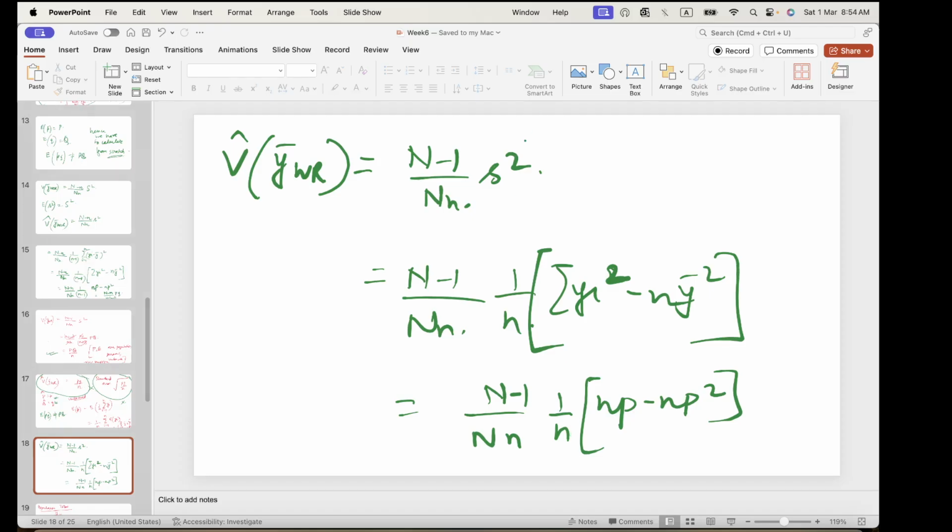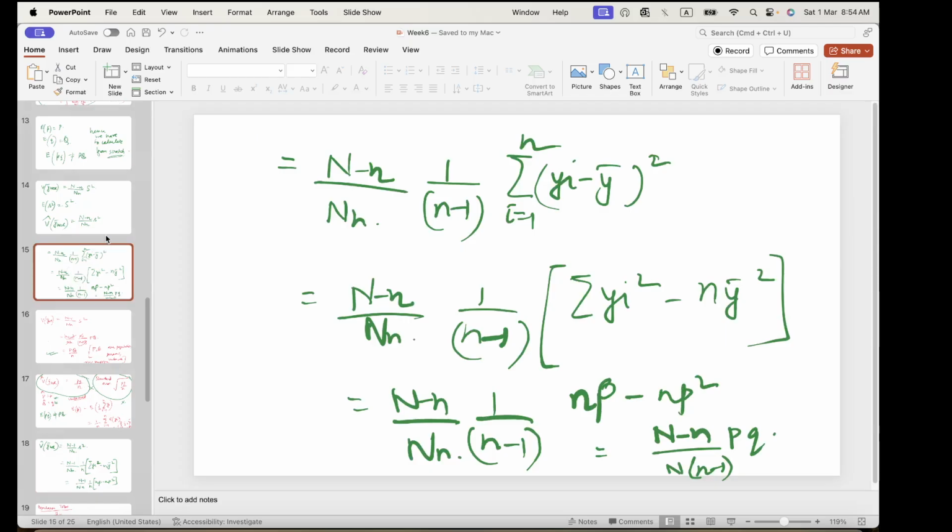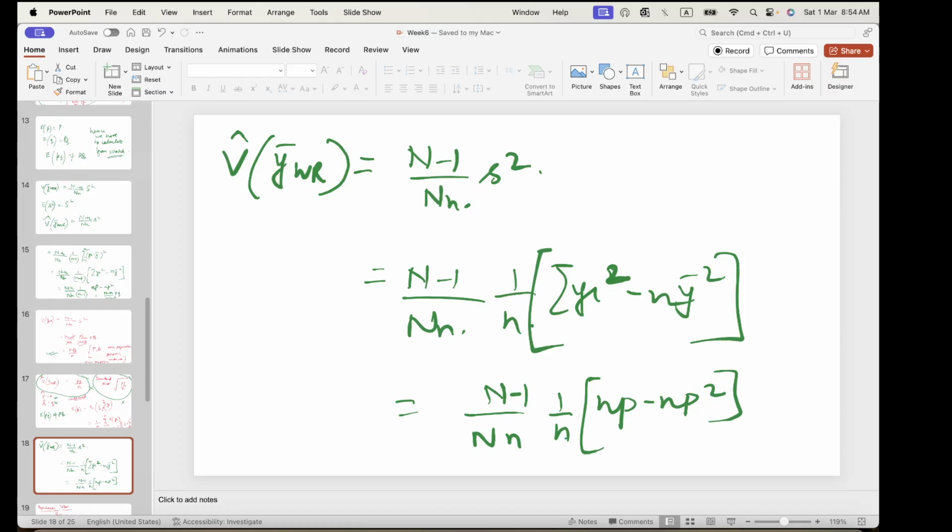Okay, so this is small s square. Another thing, small s square should come with a small n minus 1. So that should be n P Q by (n minus 1).